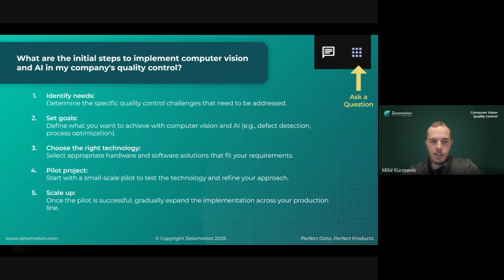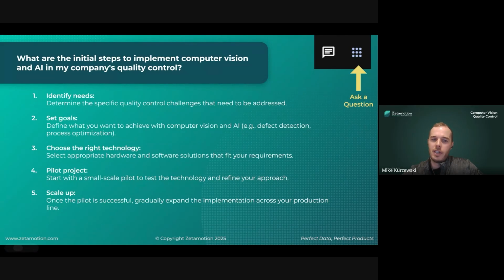And another, towards the end here, starting small is obviously great. Starting with a pilot project can prove the capabilities and give you the opportunity to refine those goals that you set out in the beginning and identify where it might be falling short or succeeding really well.